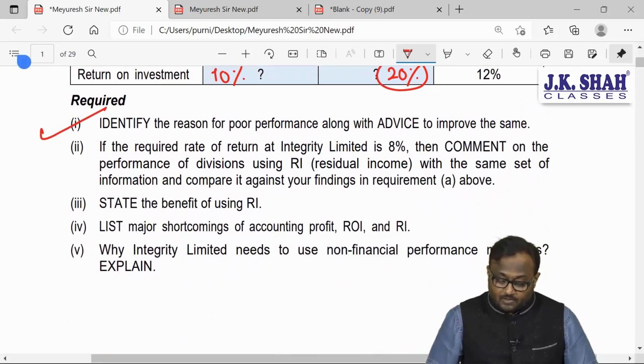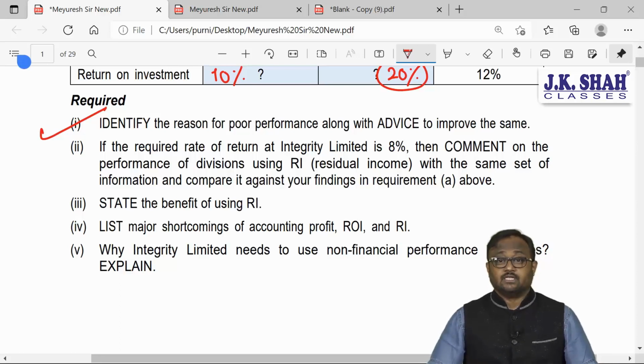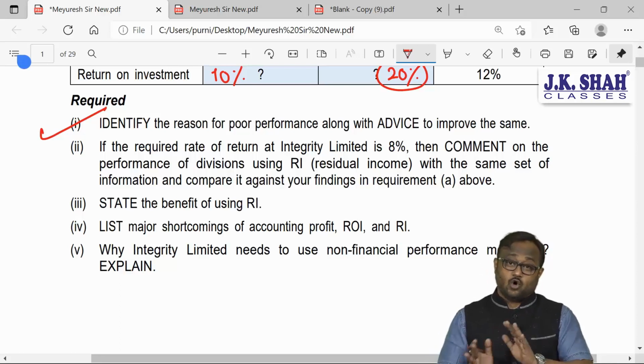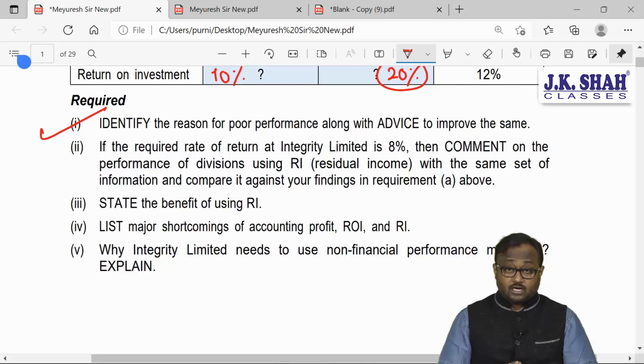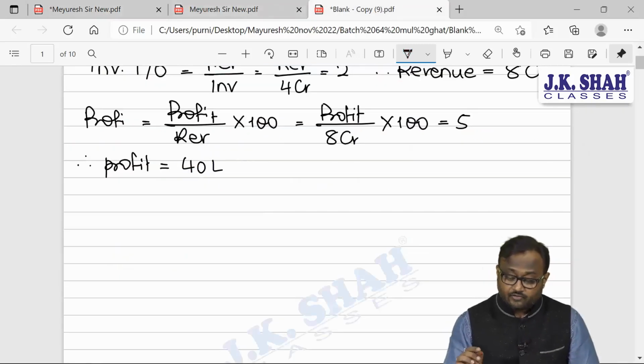Point number 2, if the required rate of return at Integrity Limited is 8%, then comment on the performance of division using RI with the same set of information and compare it against your findings in requirement A above. That means now they are asking us to calculate things on the basis of RI. That means we need to calculate RI first.